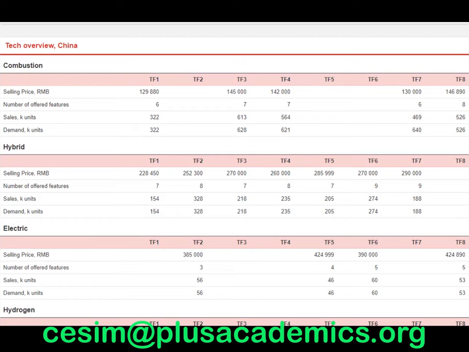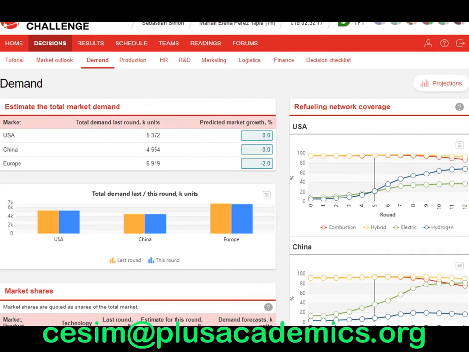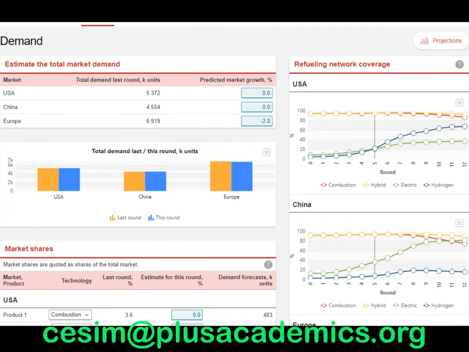So the goal here is to find the reasons why they had this problem and then find the best way to improve. If we head to decision, you can see in demand, you have not projected a demand increase for both USA and China, but you have projected that demand in Europe will decrease by 2%.